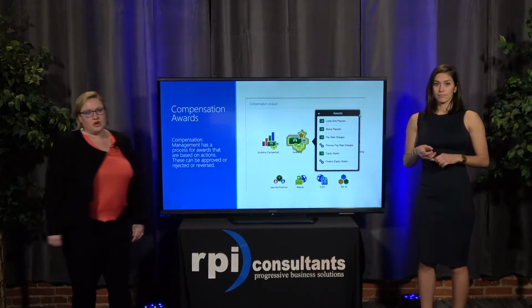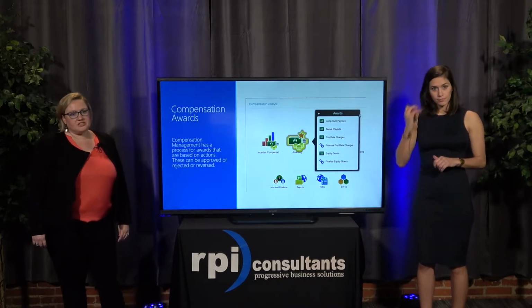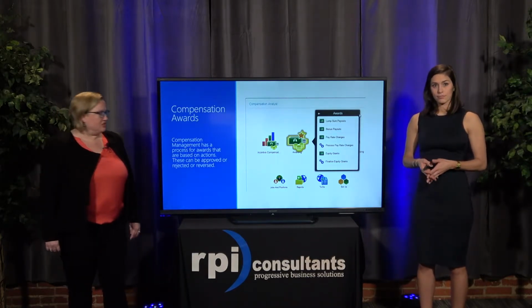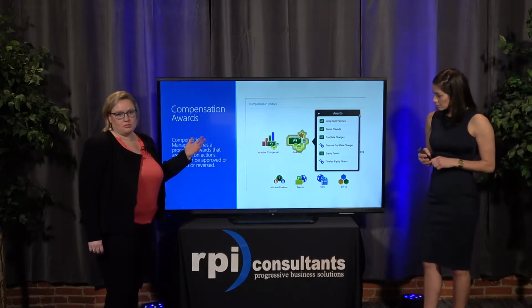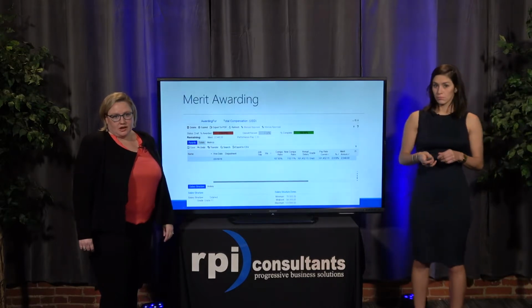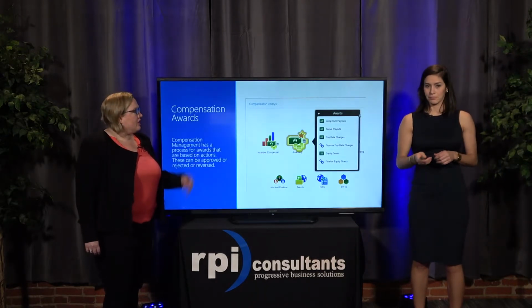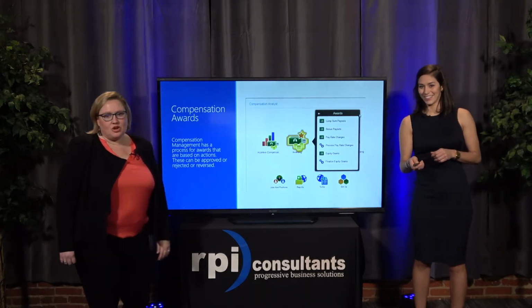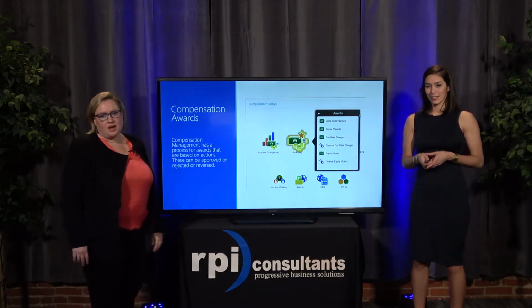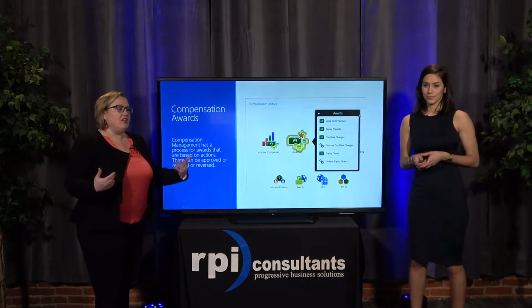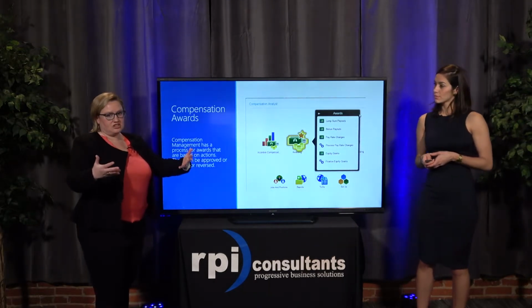Compensation awards. So you've got a process for awarding based on actions which can be approved. So things like lump sum payouts, bonus payouts, or mass pay changes. You've also got the whole merit process, we had an example on that one. So you've got a comp analyst, a budget, and then finalizing it, which pushes it out to the managers.